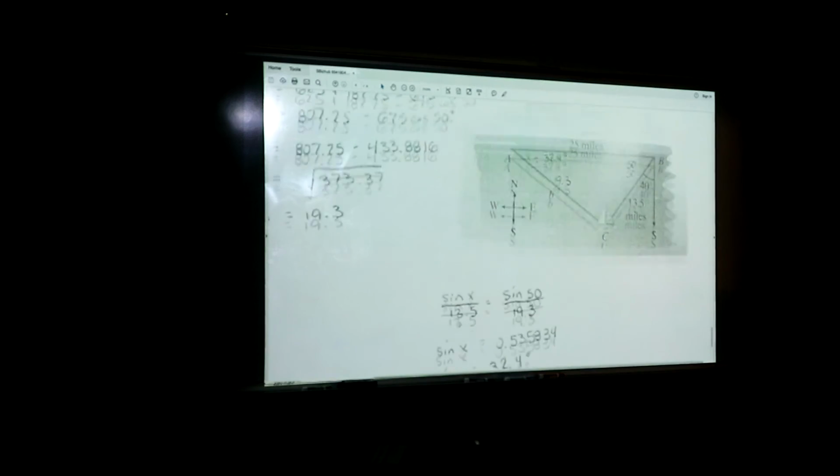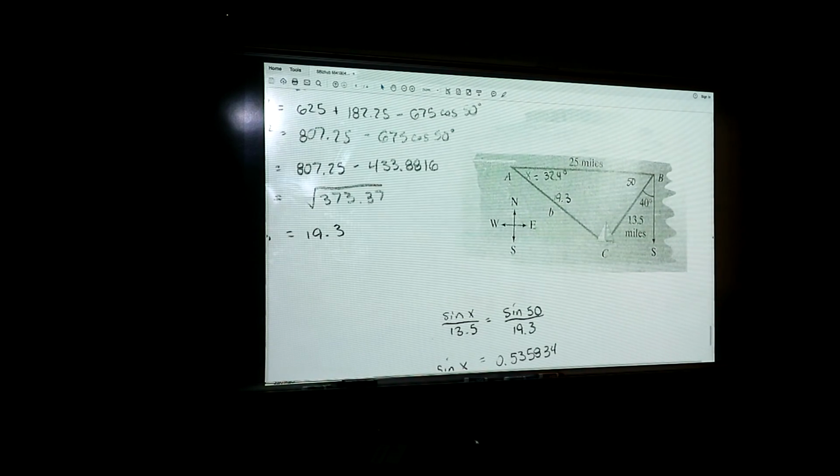Going directly south is 90, so I can subtract 32.4 from 90 to get that 57.6 number. Or if I'm going from north down to this line, that's 122, because north is 90 added onto that. So that's just different ways to do it.